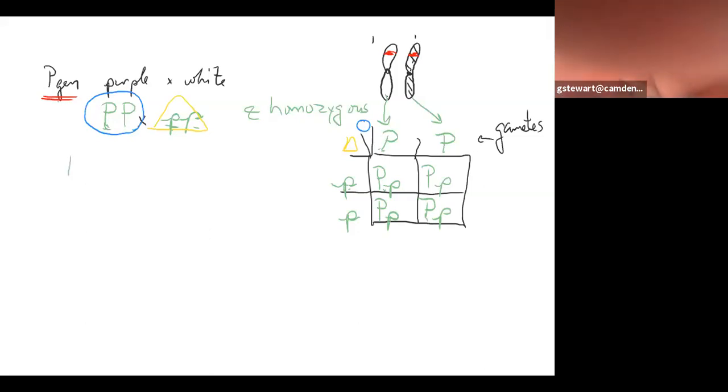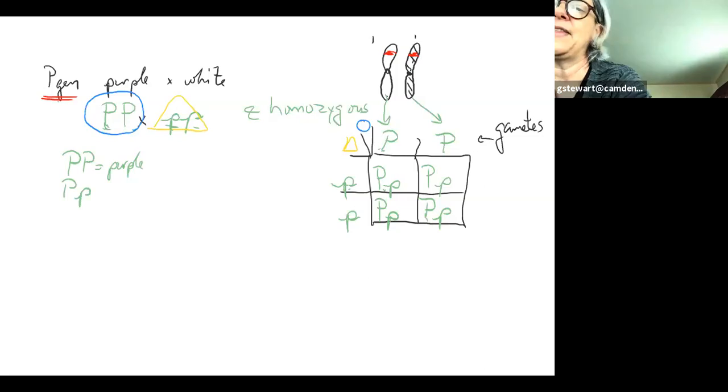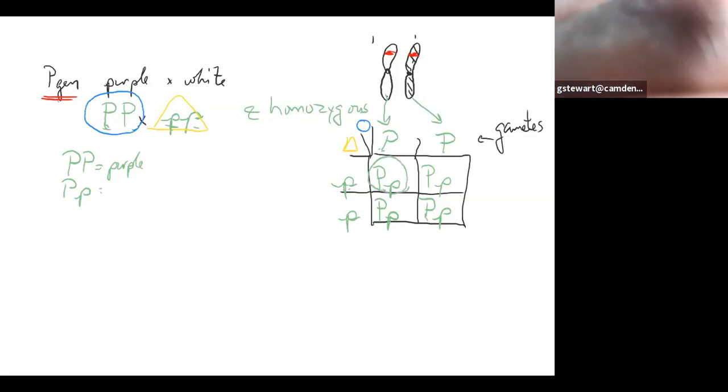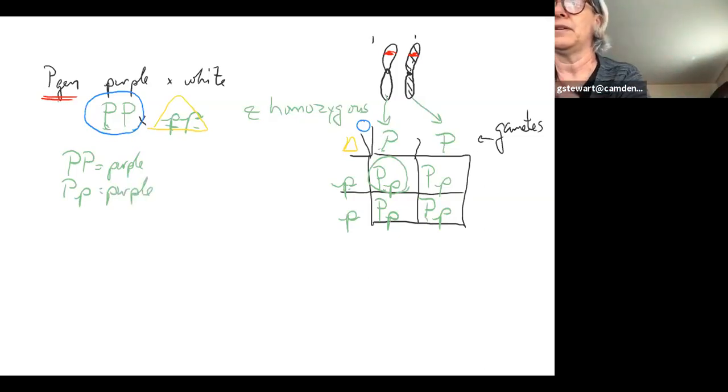So remember, when I have 2 capital P's, that's definitely purple. And remember, my F1 generation was also purple, and that's what I'm depicting here in these boxes. A capital P with a lowercase p, those also look purple. They only show the dominant trait. Yay.